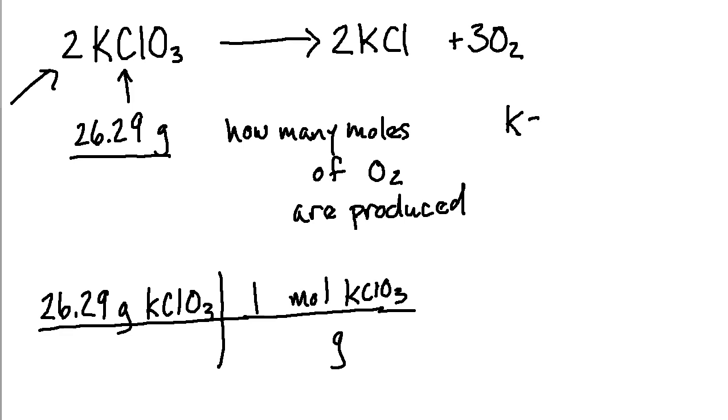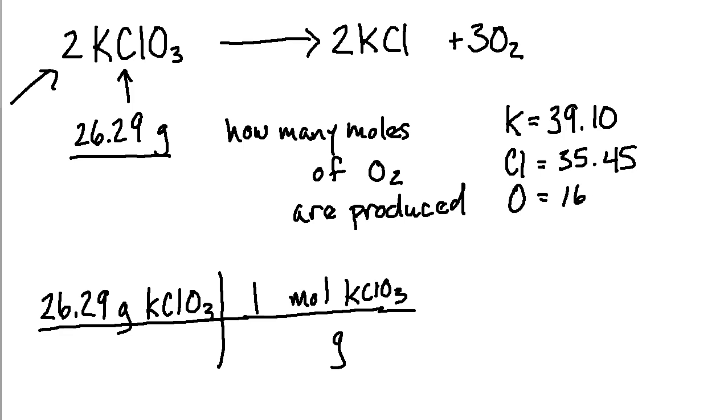Based on the periodic table that I'm utilizing, I have 1 potassium, and potassium comes in at 39.10. I have a chlorine, and the chlorine comes in at 35.45. These numbers are coming from the periodic table. And then I have an oxygen. That oxygen comes in rounded, because it's 15.999 on the one I have, at 16.00.